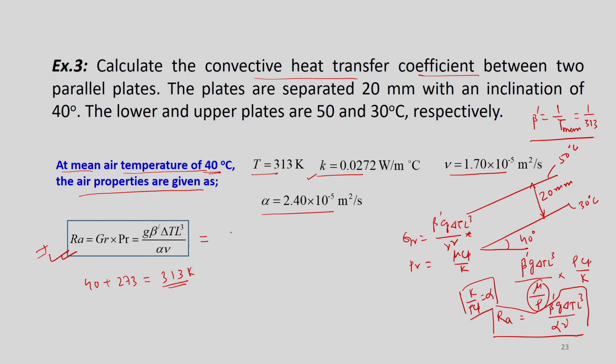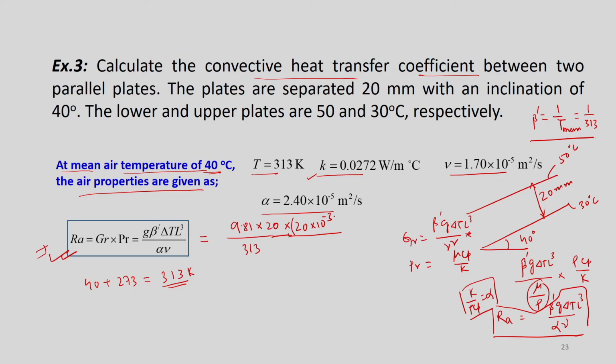So, we will substitute 9.81, and this is 313, and then the temperature difference is 20, and L is 20 mm. So, I can write 20 into 10 to the power of minus 3 because it is in mm, and then we have beta g delta T L cube.